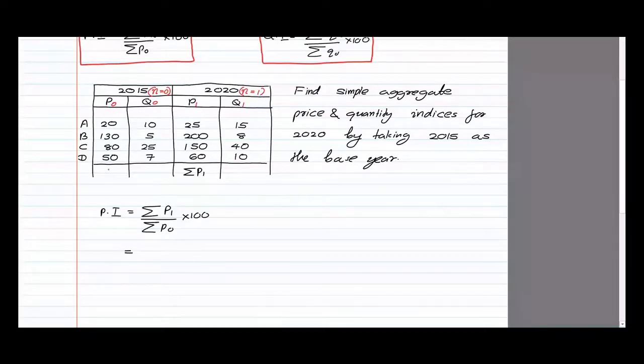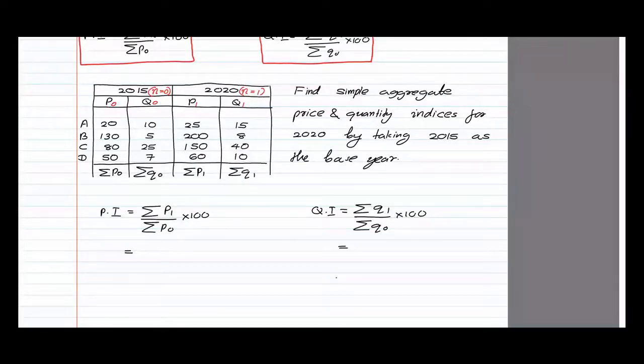The same way, to find the quantity index, I will get sigma Q1 divided by sigma Q0 into 100. Here this is sigma Q1, and this is sigma Q0.